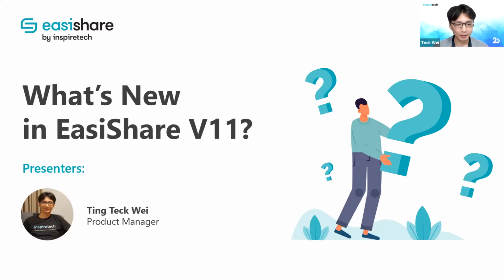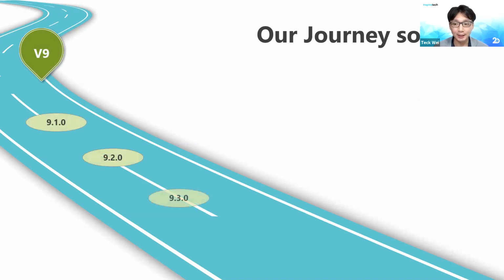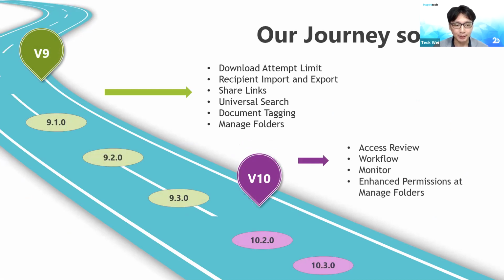So let me start with a journey of what has happened to the product in recent years. In version 9, around 2019, we started adding certain enhancements, with special mentions such as document tagging, which allows documents to be tagged with certain tag values so that they can be controlled through policies.